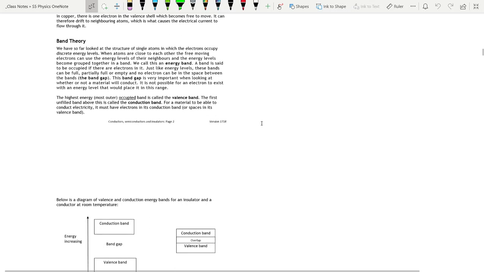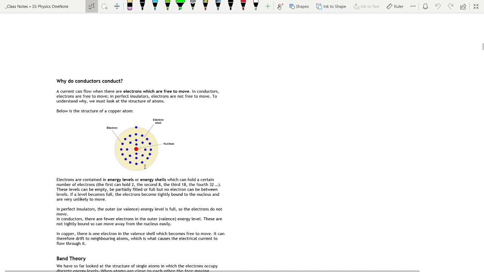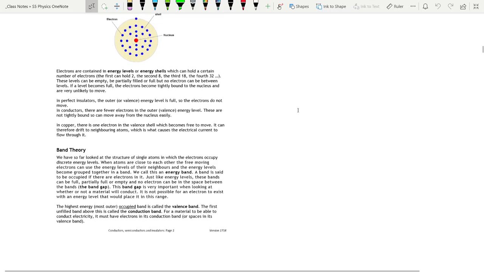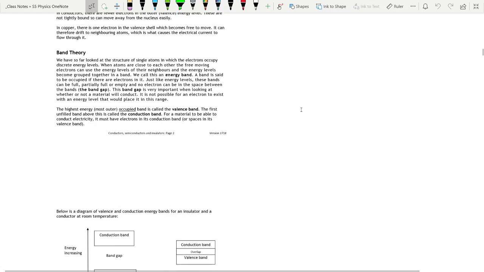The highest energy band, which is the outermost occupied band, is called the valence band. So the highest full energy band is called the valence band. The first unfilled band is called the conduction band.